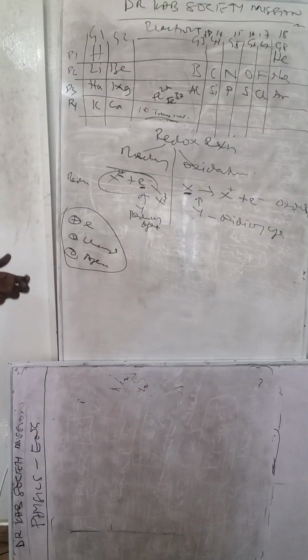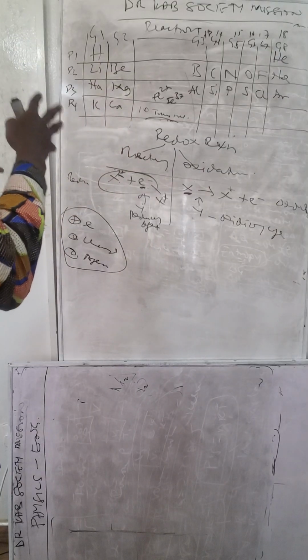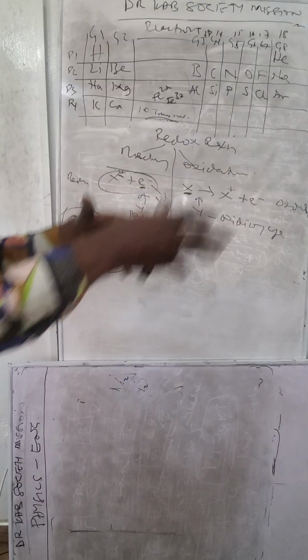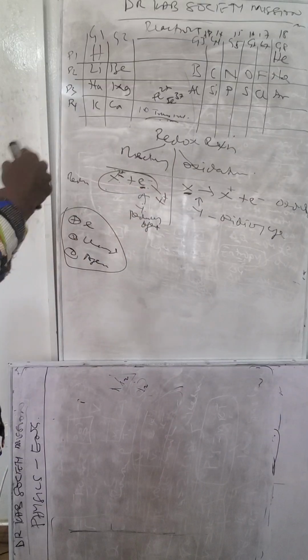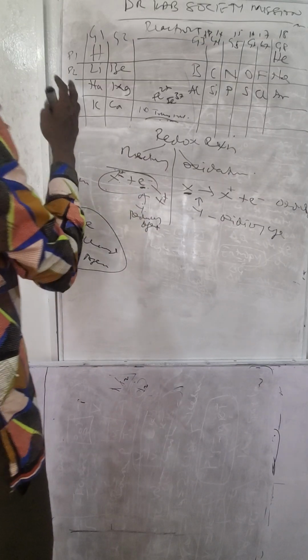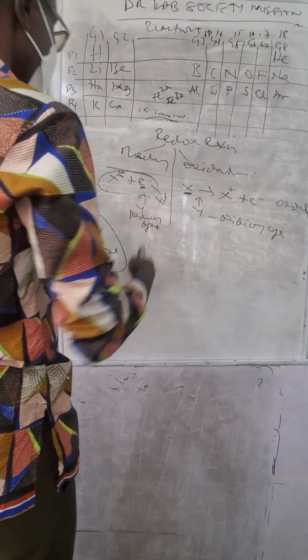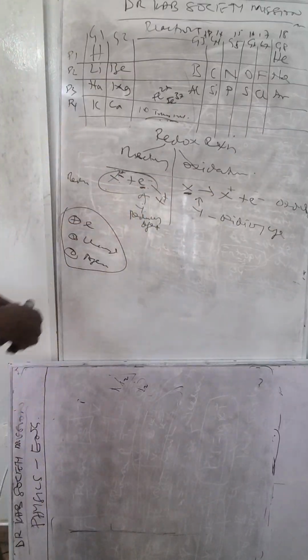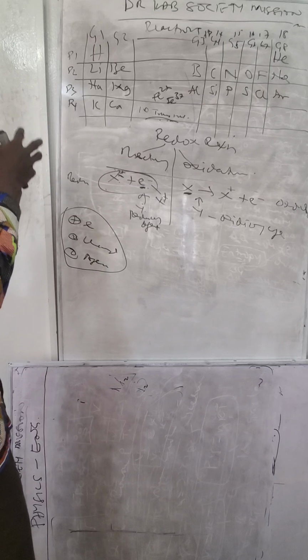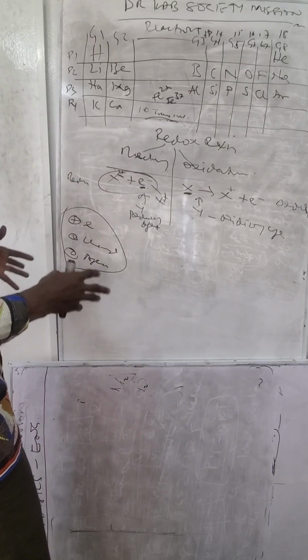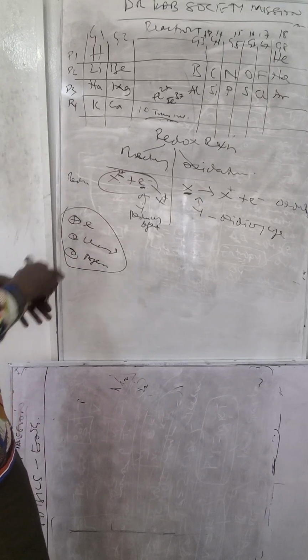If something helps you to take away your electrons, you always look at the reaction, not the product, the process happening. They are asking what the reaction is, not what the product is. So look at the process to see whether it is a reduction reaction or an oxidation reaction.